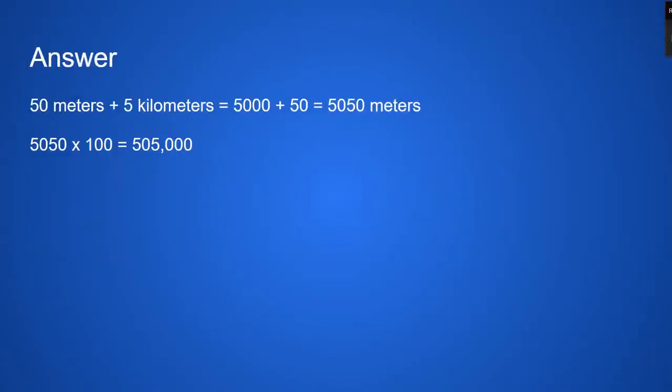Anyway, here it is. So, 50 meters plus 5 kilometers. 5 kilometers is 5,000 meters, plus 50 meters, and if you add those together, you get 5,050 meters. Then, because you have to put the answer in centimeters, you take 5,050 and you times it by 100, which means you just take that number and you add 2 zeros at the end.